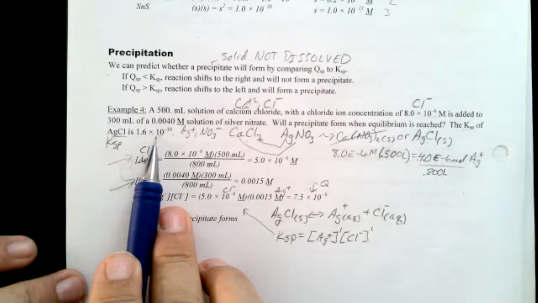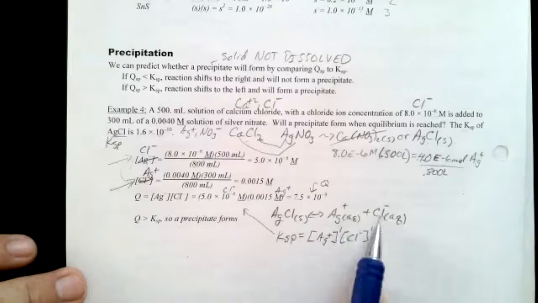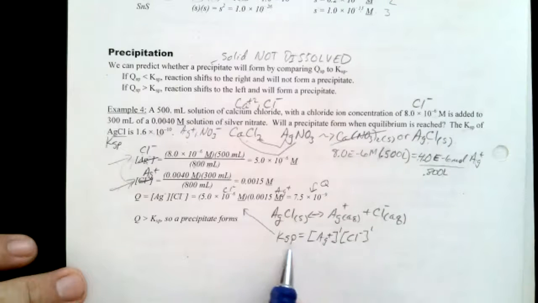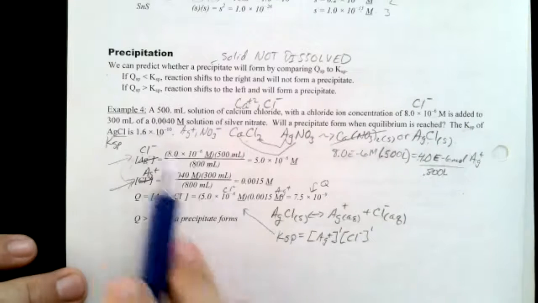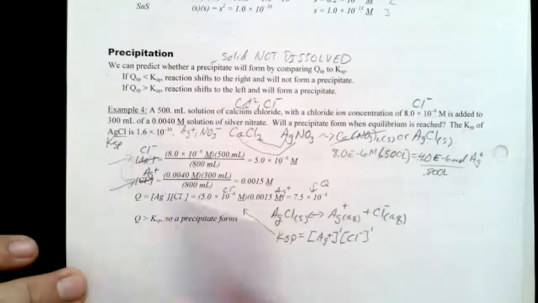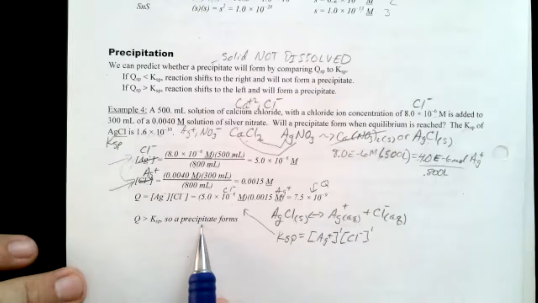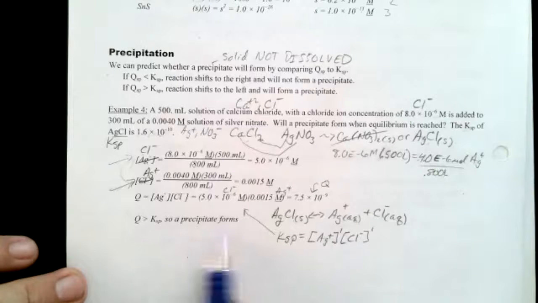K is actually achieved, the number that you would get using the molarities at the end. Nature will drop these molarities until they generate a Ksp that is actually equal to K. How does it do that? It runs this reaction left and creates solid, or a precipitate. Well, precipitate is probably the noun form. So yes, a precipitate forms.